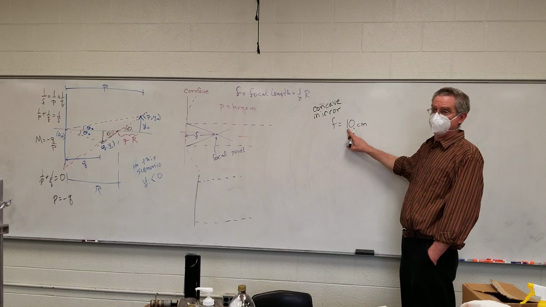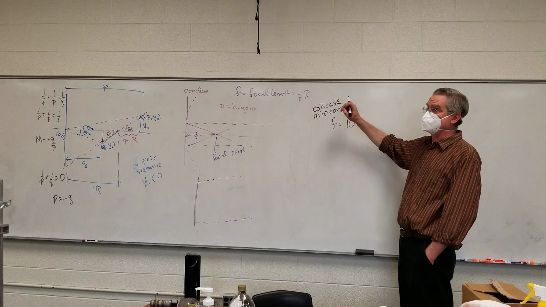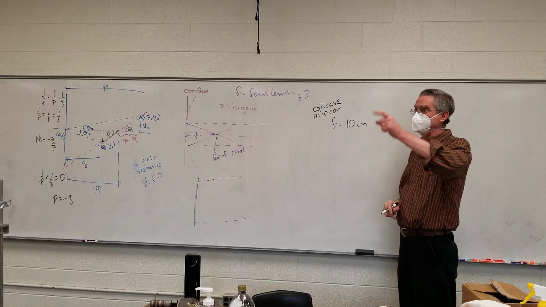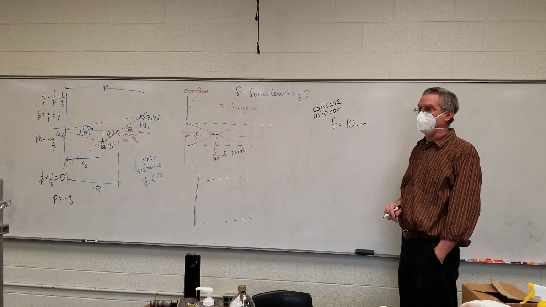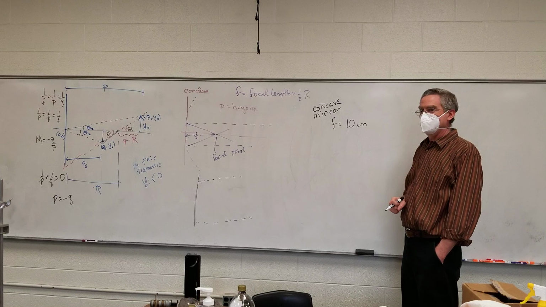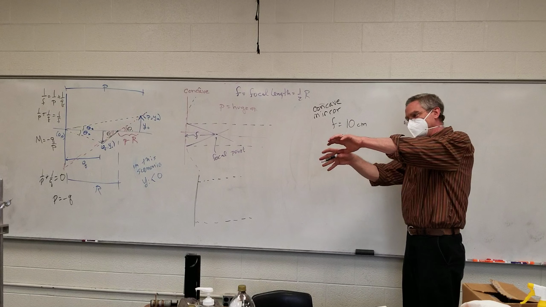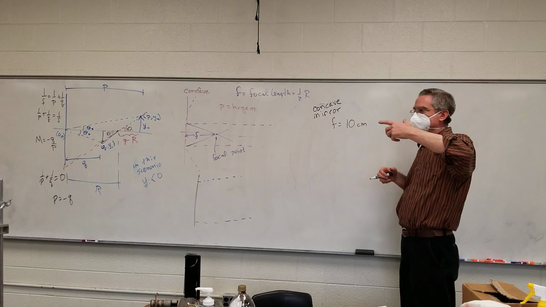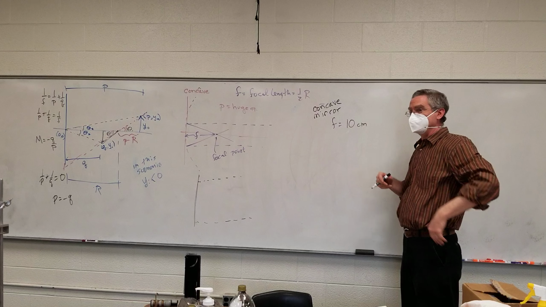If the focal length is positive and it's a mirror, it's concave. But if it's negative, you got a problem somewhere. It's convex. We can deal with it, same formula. That just means light comes in this way, and when light hits it, light's gonna go scattering back outwards, away from the center.